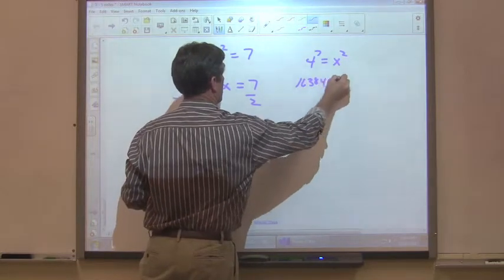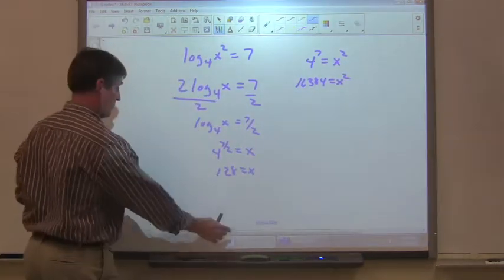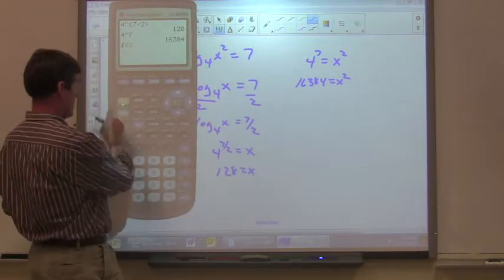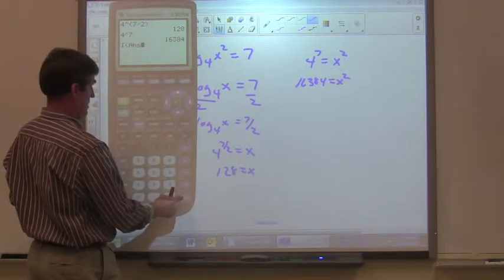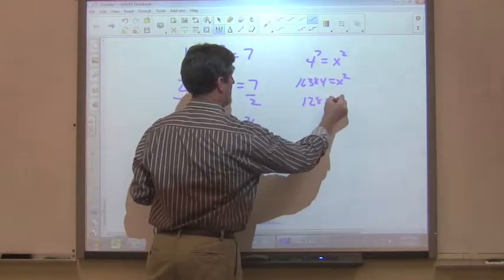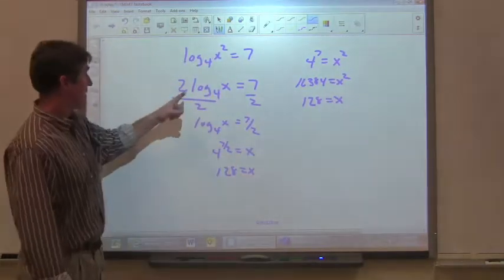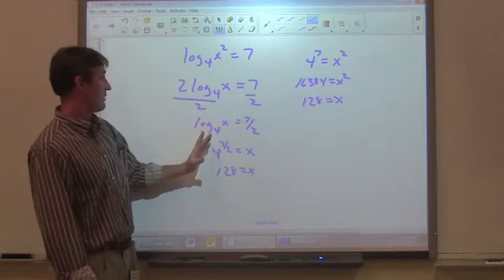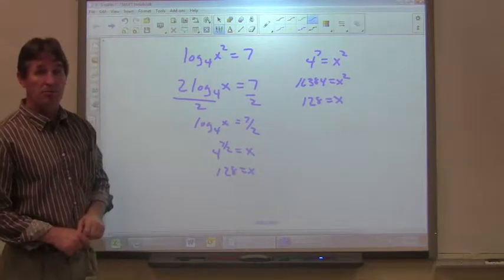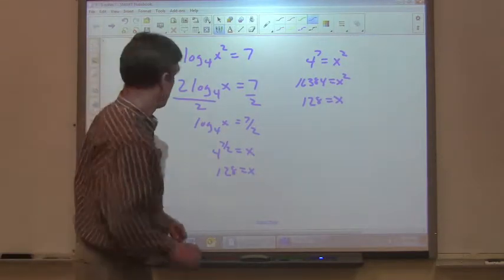And then take the square root of that. You get the same thing either way. So either way works. I can move the 2 out, get the logarithm by itself, or I can just leave it like that and solve the problem. So both ways work.